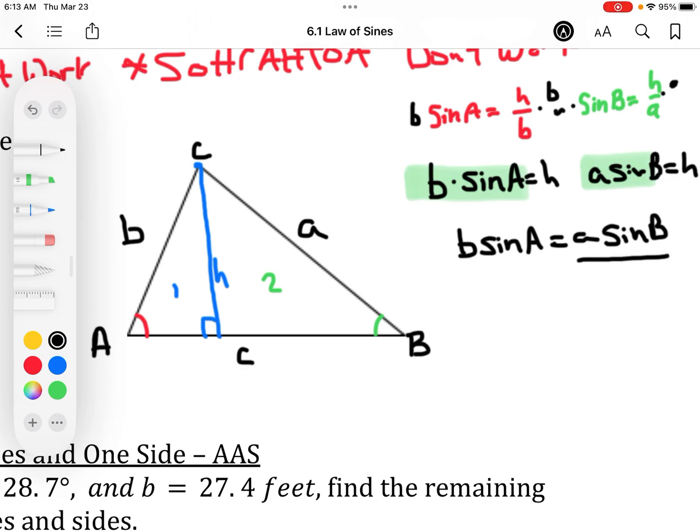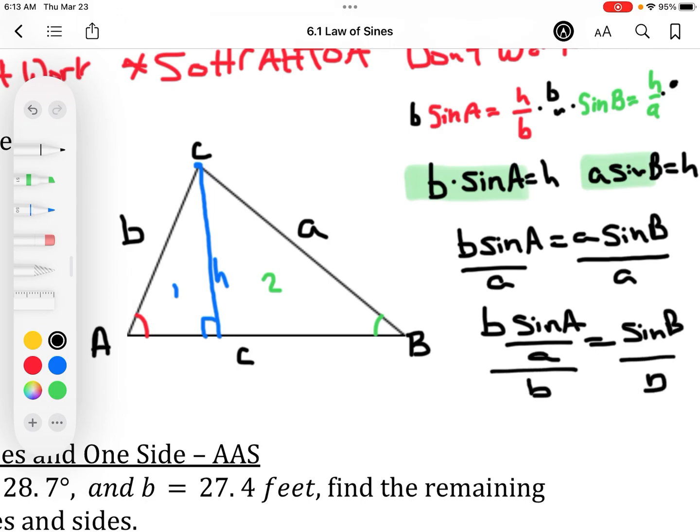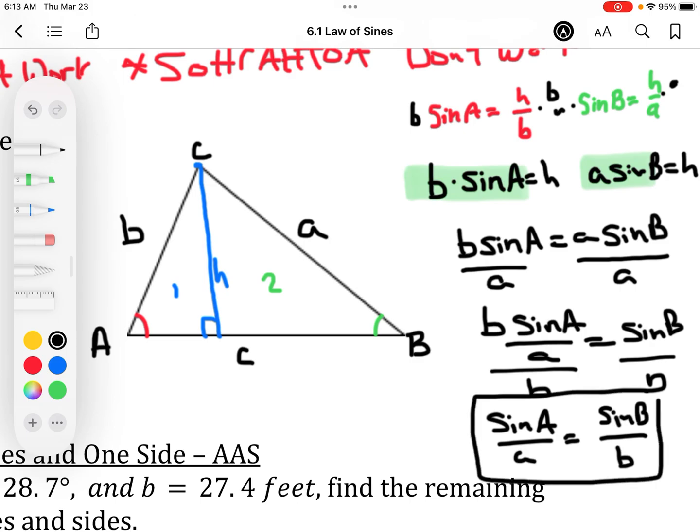Now with a little figuring, divide by a, and divide by b on the other side, and the first part of our law of sines comes to light. We can write this as sine of A over a is equal to the sine of B over b.